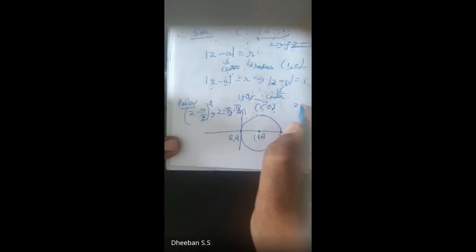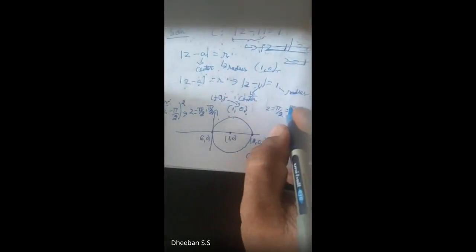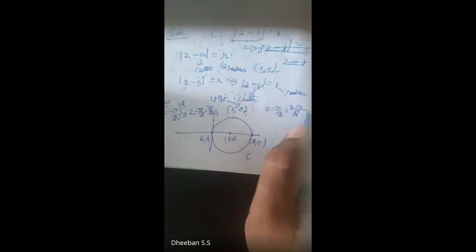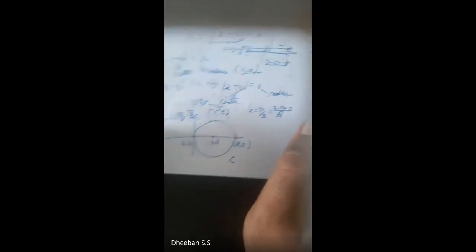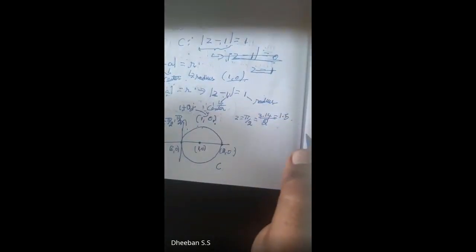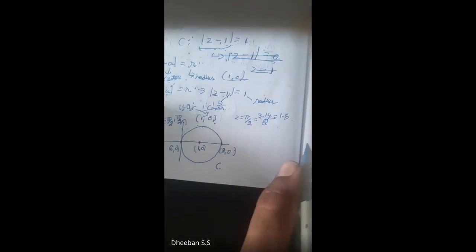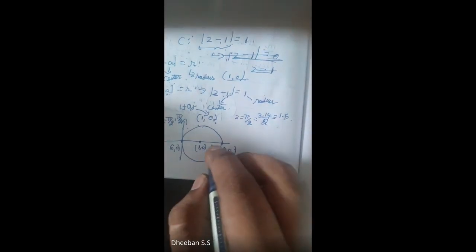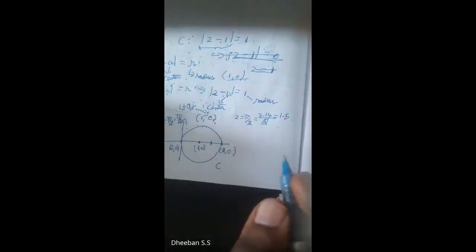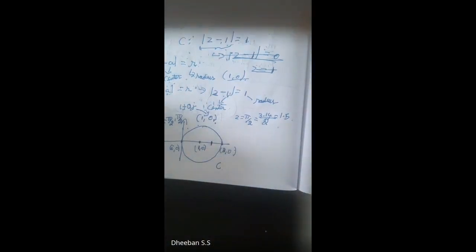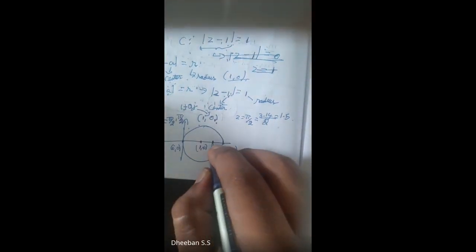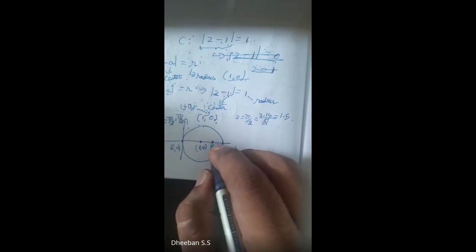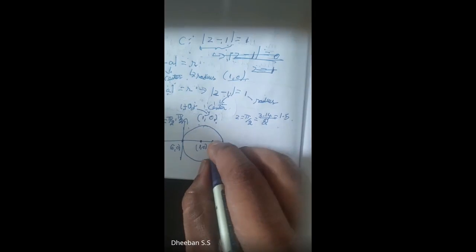Z equal to pi by 2 means you put 3.14 by 2, so you will get somewhere around 1.5. So this 1.5 will be over here, and around here itself there are two poles. The poles are generally represented by a dot. So here comes your pi by 2 value.